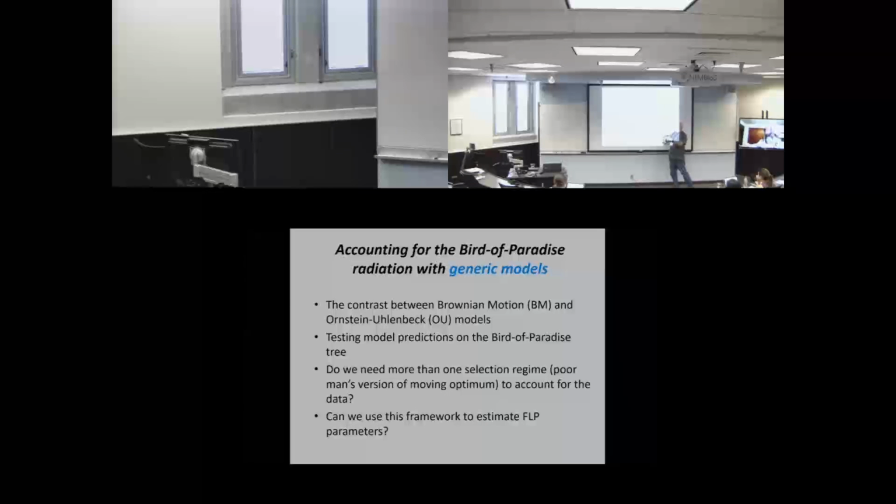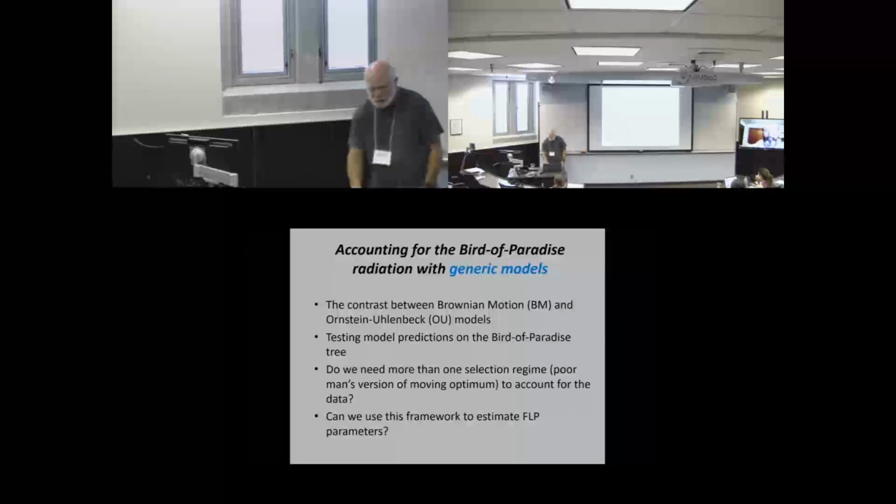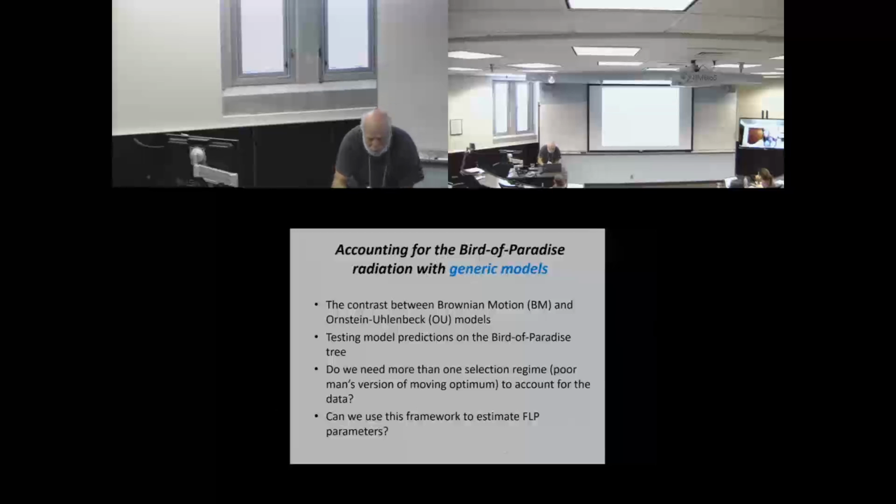We're going to have two regimes, and we're going to see if we need to account for a shift in the optimum. That gives us a higher likelihood. That suggests that movement of the optimum might be the underlying process. You with me? We're just going to look at ornament evolution. That's all we have data on with OWI, looking at the BM and the OU fits.